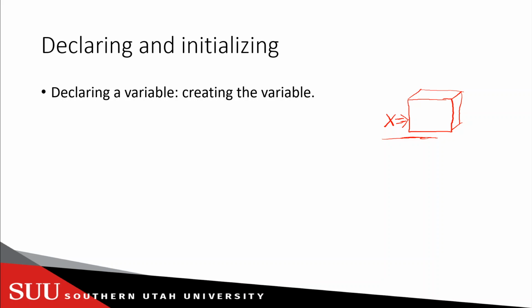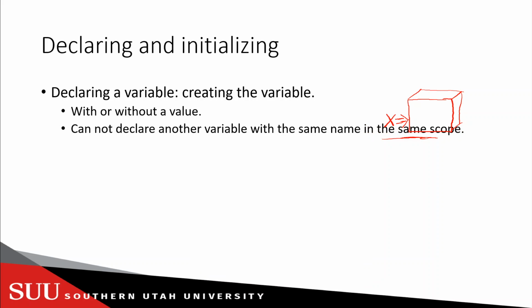Now you can create a container and put a value in there, and this is going to be declaring and initializing at the same time. You cannot declare another variable with the same name in the same scope. We will learn later on about scopes, but for right now, if we declare a variable called x, we cannot create another x.